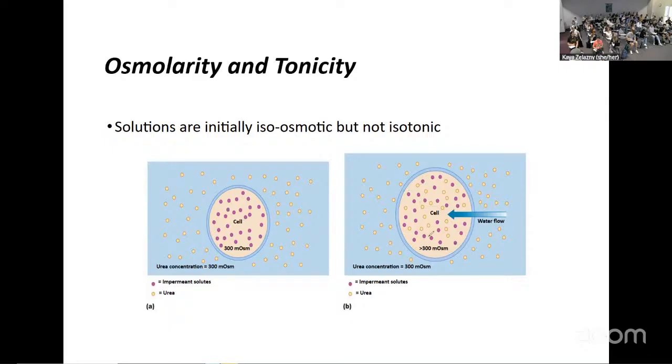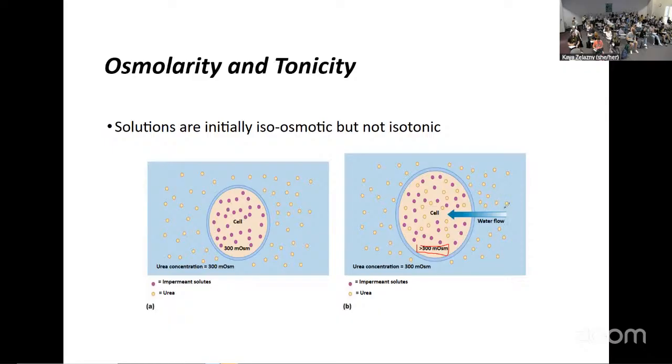This is now leading to a situation where we're raising the osmolarity inside the cell. So after our urea has moved down its gradient, we have lots and lots of extra solute inside the cell compared to outside the cell.